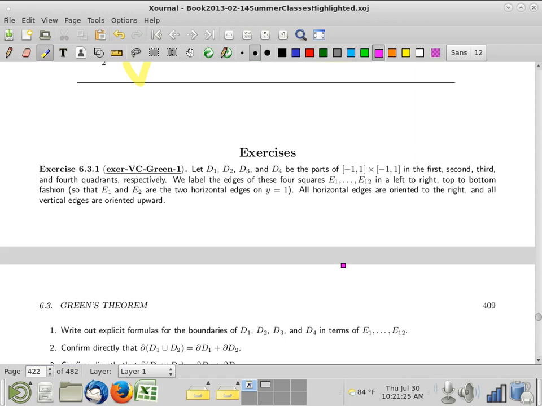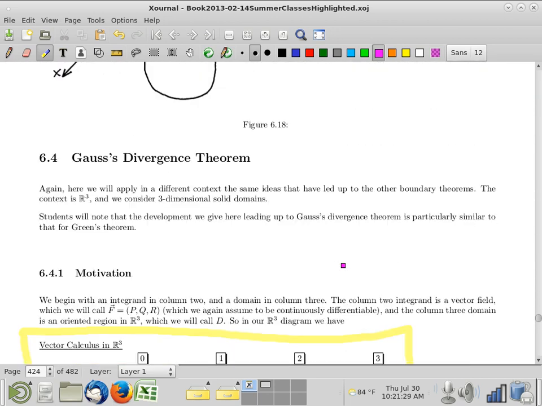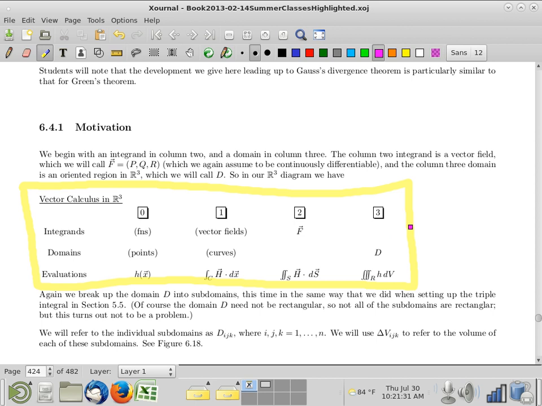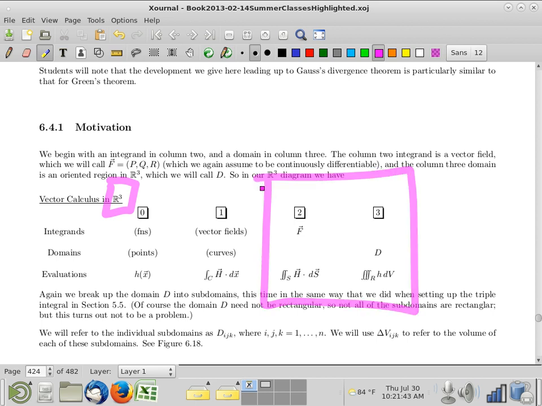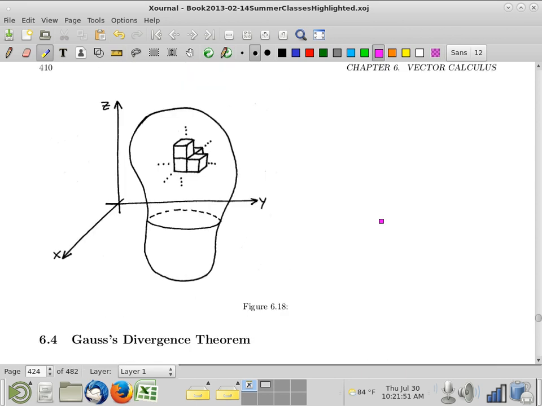I'm going to move on to Gauss's divergence theorem now. It's going to be the same thing again. Same basic idea. It's just that now, instead of looking at a 2-dimensional region in R2, we're going to look at a 3-dimensional region in R3. We're going to look at a solid like this, in other words.